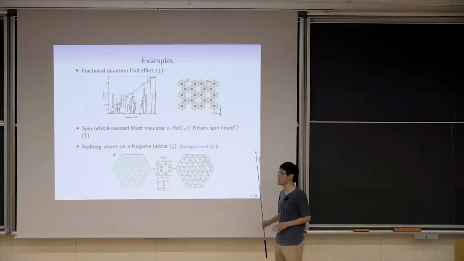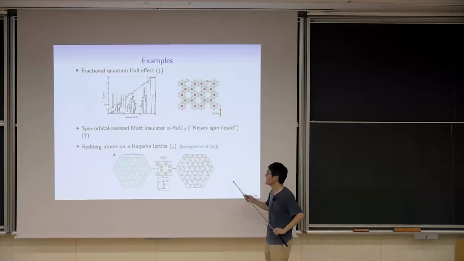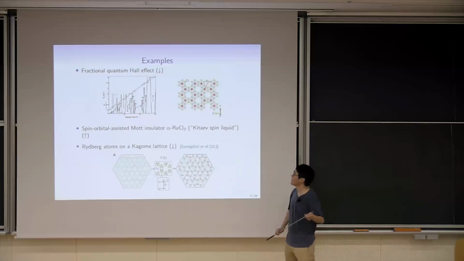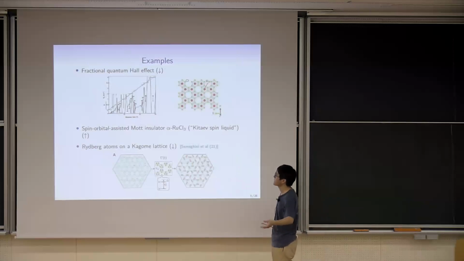I presented the integer quantum Hall effect, but now I'm talking about the quantum Hall effect realized at fractional filling of electron numbers. So we realize a more exotic state, which are fractional quantum Hall states.